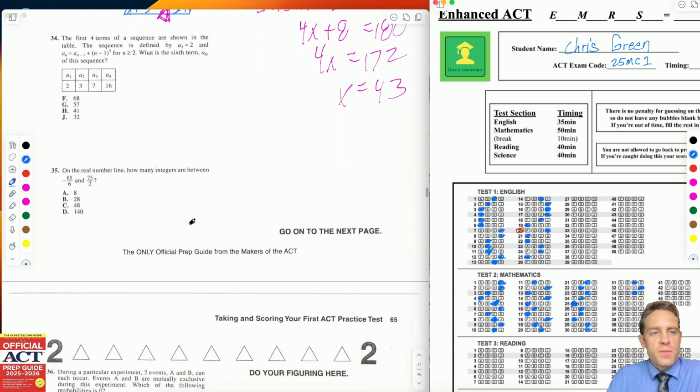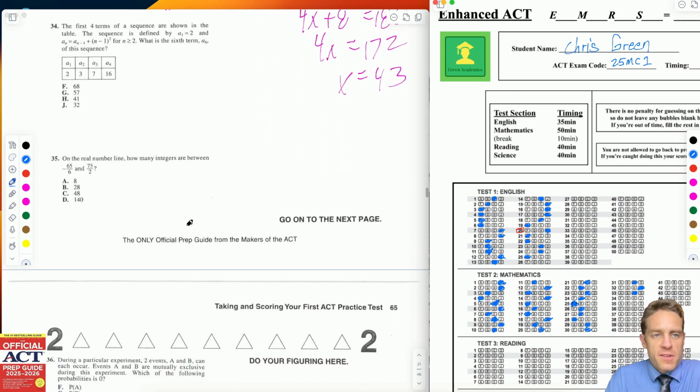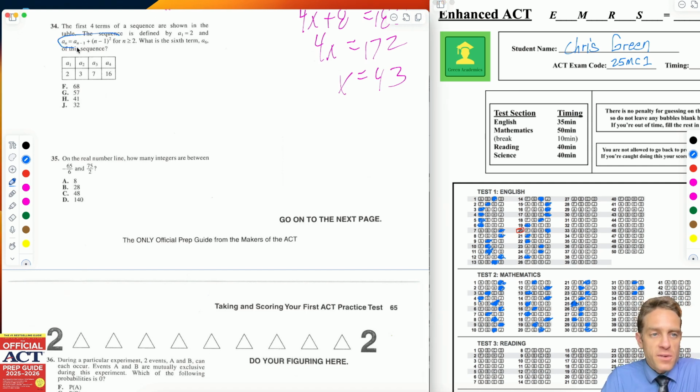The first 4 terms of a sequence are shown in the table. The sequence is defined by a sub 1 equals 2 and a sub n equals a sub n minus 1 plus the quantity n minus 1 squared for n greater than or equal to 2. This notation confuses a lot of people, but you could have said it out loud as any term is the previous term plus the subscript minus 1 squared.